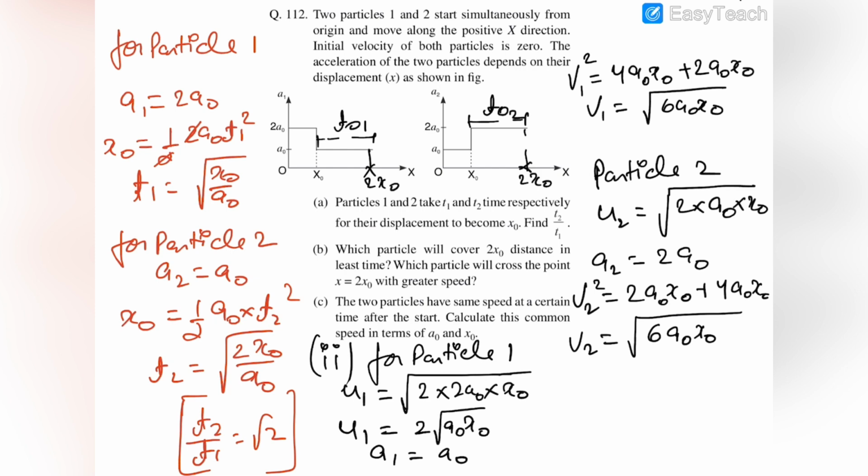Now let us analyze their VT graph. So the answer of this part B, which particle will cross this point with greater speed, is that they will cross this point with the same speed. Now we have to find out the time. So let us analyze their velocity time graph.